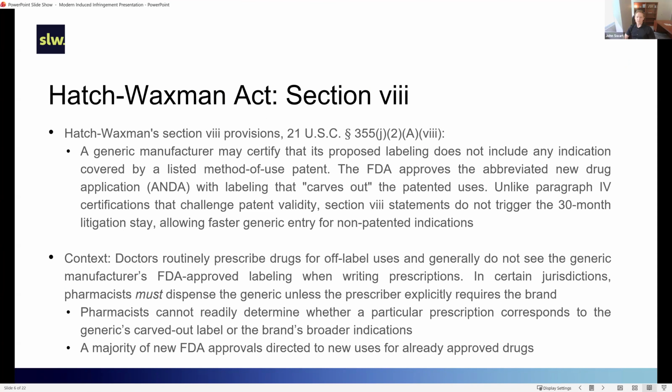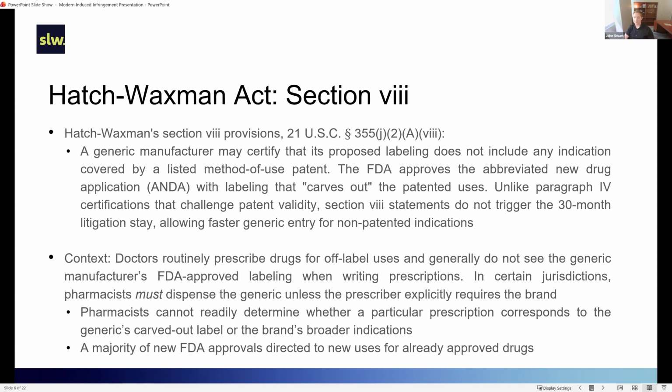But just to give the whole issue some context, doctors generally will prescribe drugs for off-label uses. This is just how doctors tend to prescribe. And at the point that they're prescribing, they don't see the generic manufacturer's FDA-approved labeling when it comes to writing prescriptions. They also are not the ones fulfilling those prescriptions, that's the pharmacists. In certain jurisdictions in the US at least, pharmacists actually must dispense a generic unless the prescriber explicitly requires the brand.